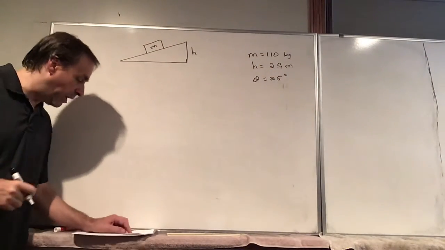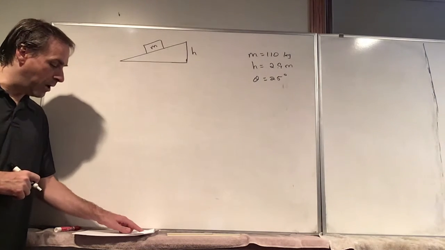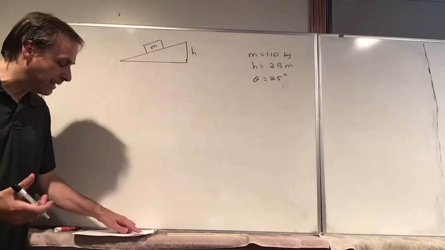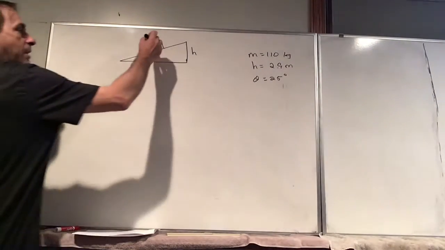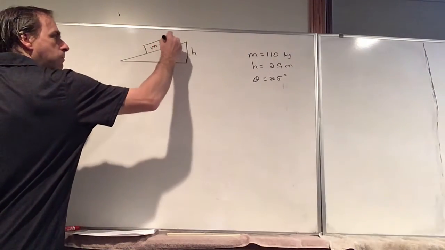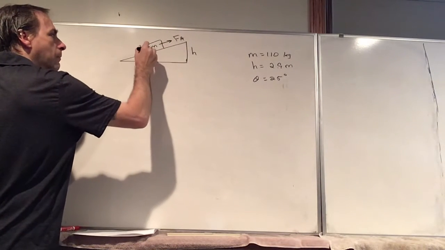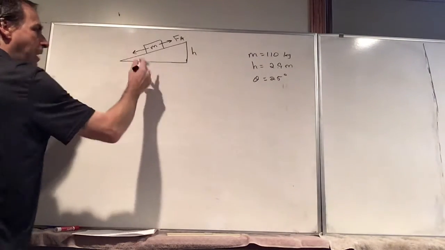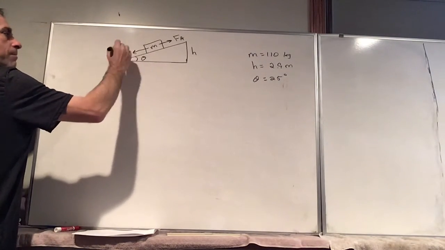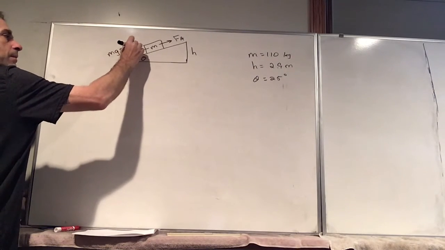So bunch of questions here, but first off, how much force is required to raise the mass at a constant speed? So we want to lift this up. So here we have an applied force here. And gravity is of course straight down, but the component down the incline is mg sine theta.